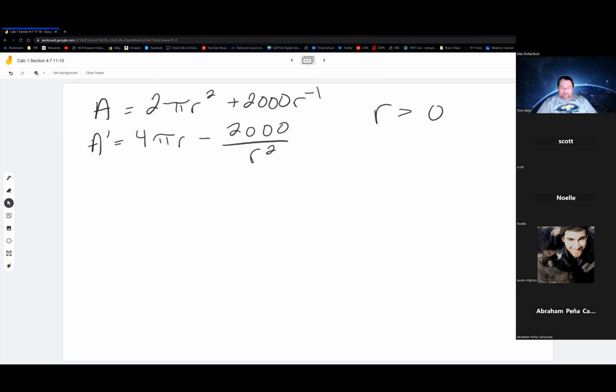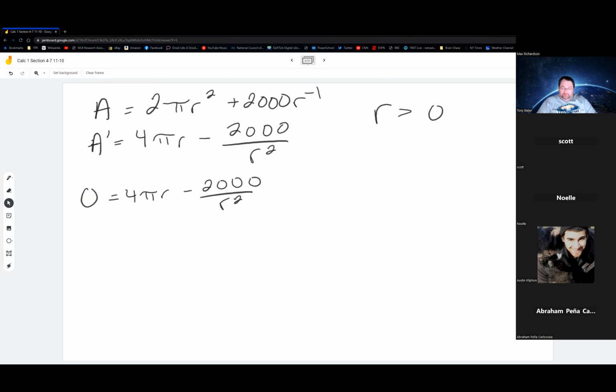All right. So we now want to find my critical numbers. So if I plug in 0 for this, I need to solve this for 0. The only way to be able to solve this for 0 is I kind of got to get this to be one fraction.